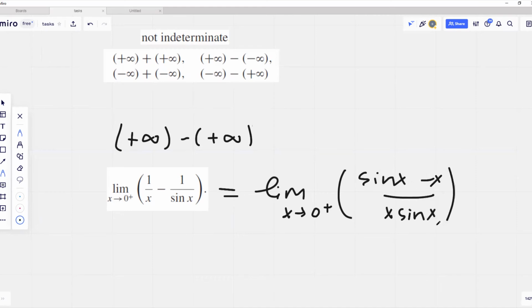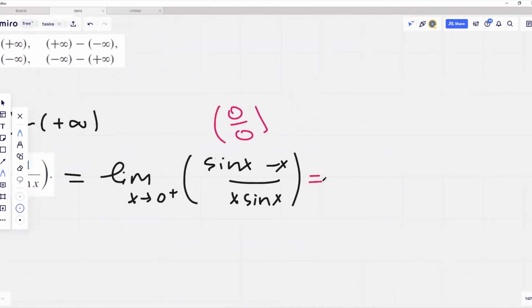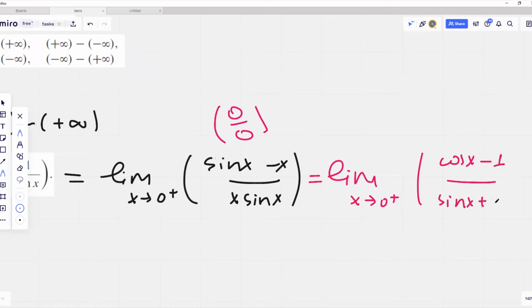So bringing that into a common denominator, we brought this into an indeterminate form of 0 over 0. Now, using L'Hopital's rule here, we'll end up with the limit when x is approaching 0 from the right side of cosine of x minus 1 over sine of x plus x cosine of x.